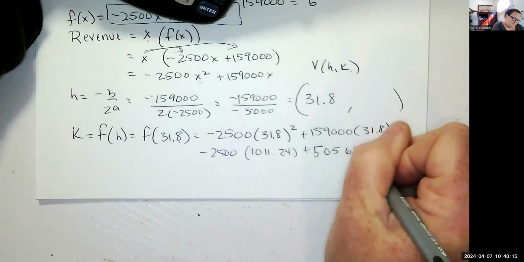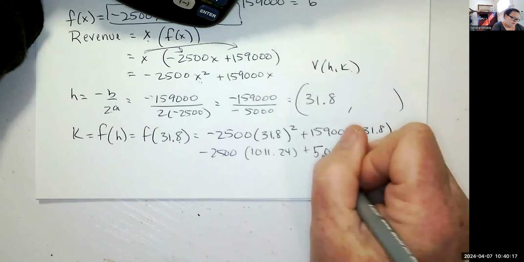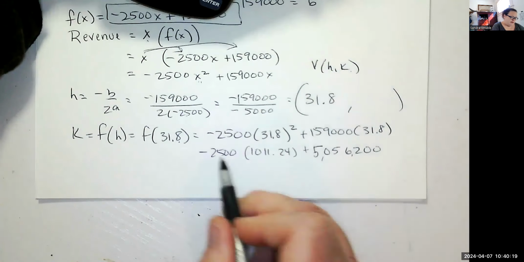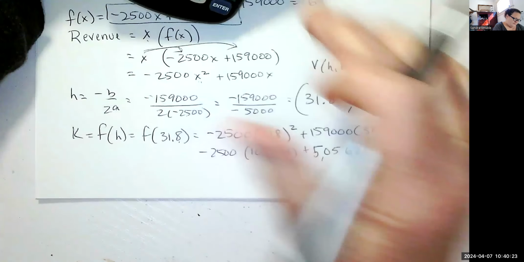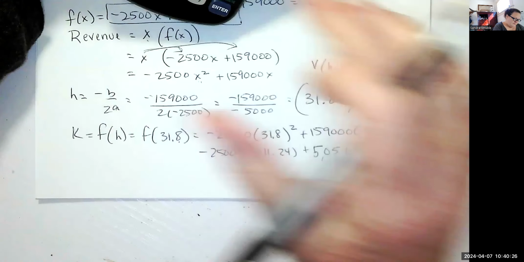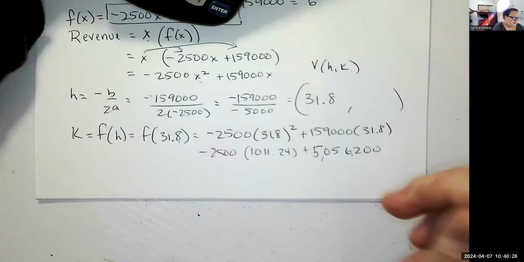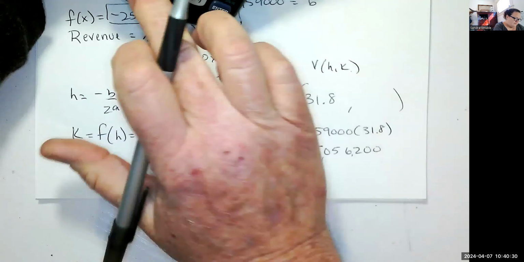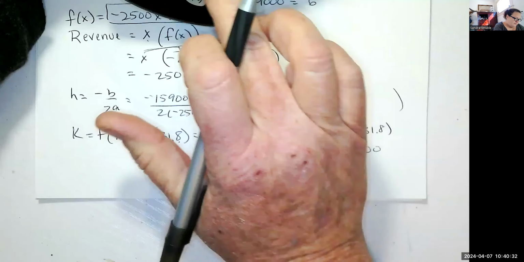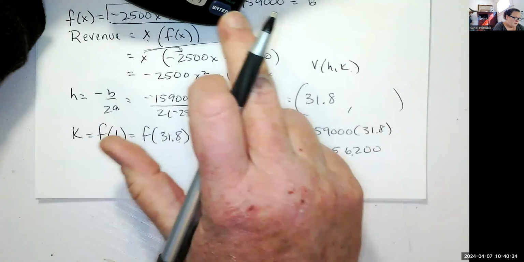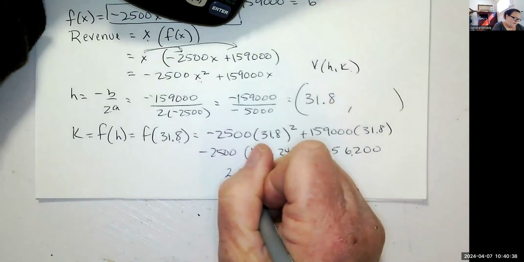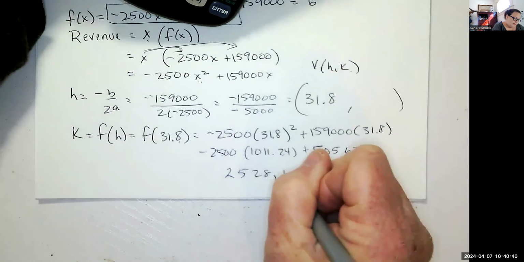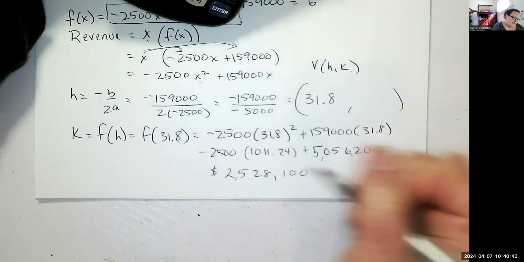Excuse me, coffee. Okay, good. All right, so I need to multiply these, and I'm going to go ahead and add. And I got 2,528,100.